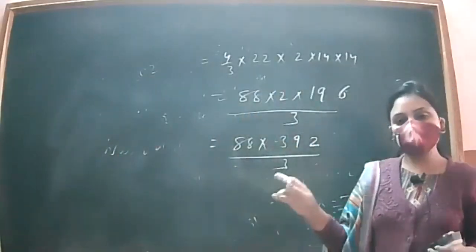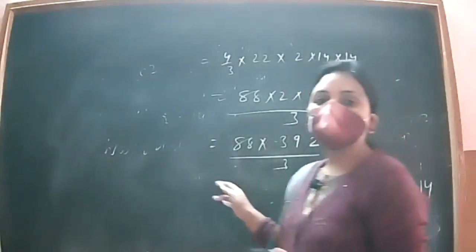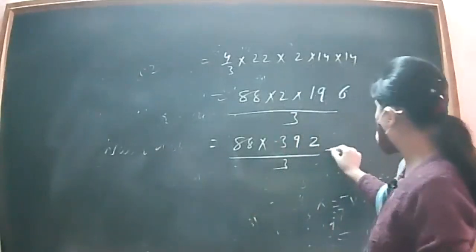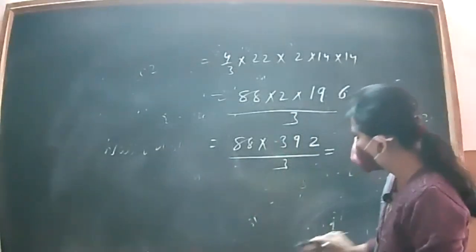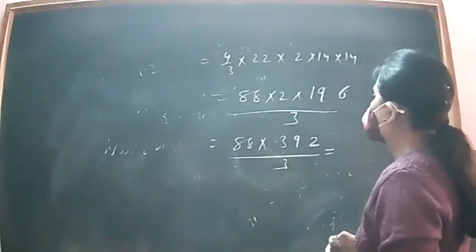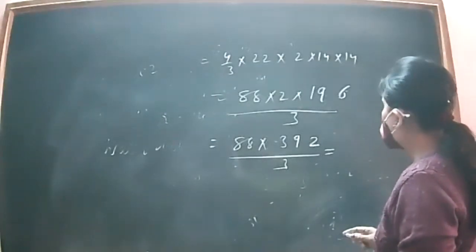So let us multiply this 88 with 392 now. 88 twos are 176.